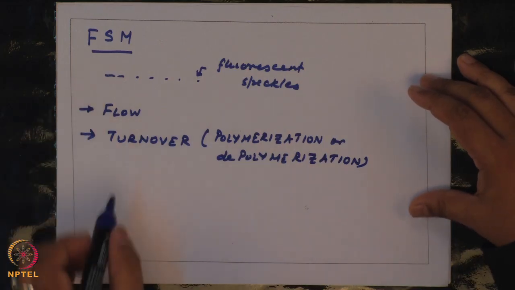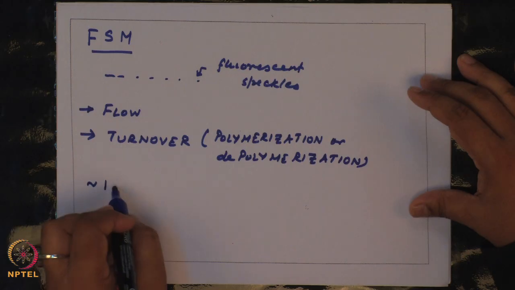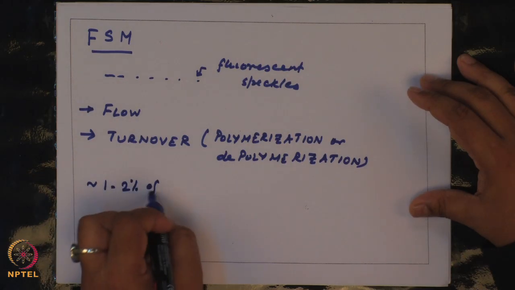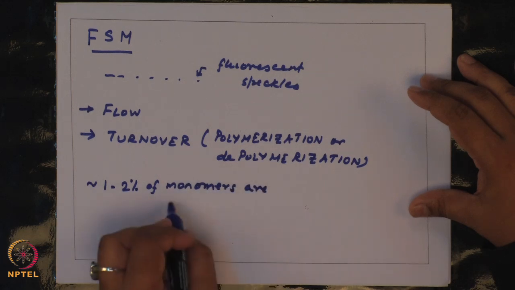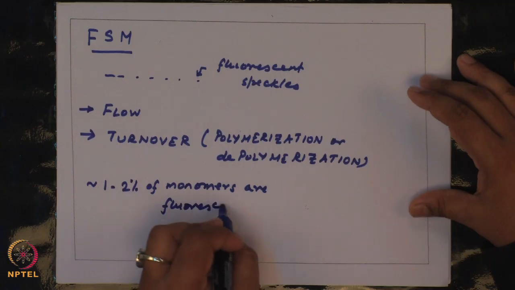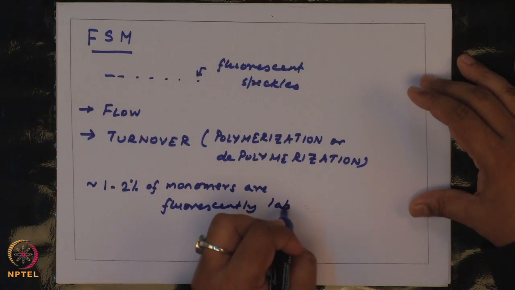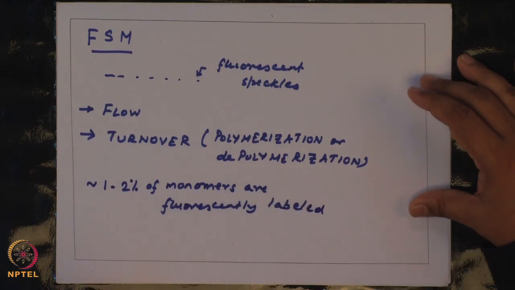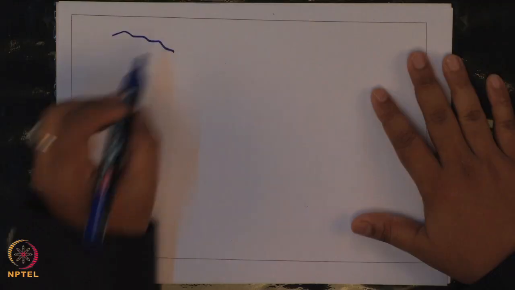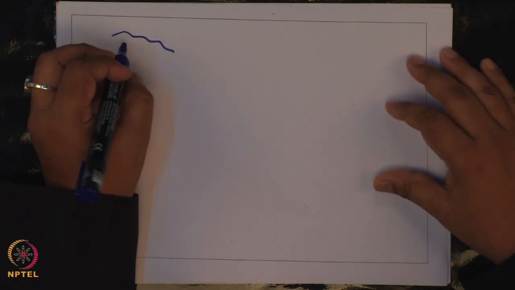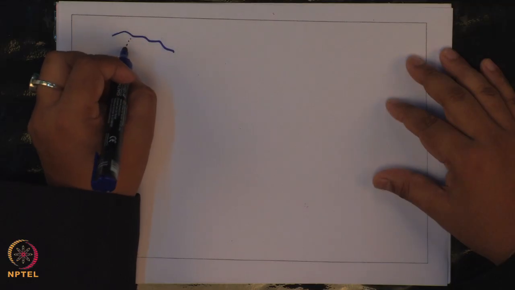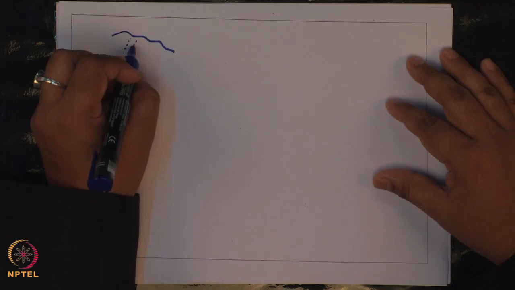Typically for fluorescence speckle microscopy, on the order of 1 to 2% of monomers are fluorescently labeled. If you have a stress fiber that you are imaging using fluorescence speckle microscopy, instead of the intact fiber, you would see dots which are roughly aligned.